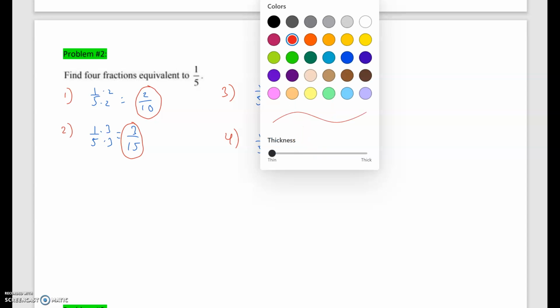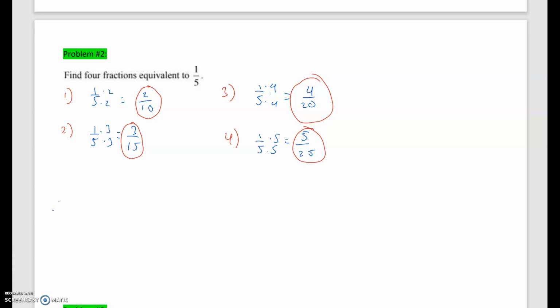And let me just write my answer as a sentence. 2/10, 3/15, 4/20, and 5/25 are equivalent to the value of 1/5.